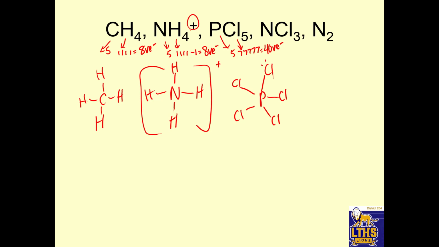Some elements can expand their octet if they're in the third row on the periodic table or lower, because third row means third energy level. Third energy level means you can have more than 8 electrons. Then we count 8, 8, 8, 8, 8 times 5 is 40. That's right. Chlorines are happy with 8. Phosphorus can be happy with 10.